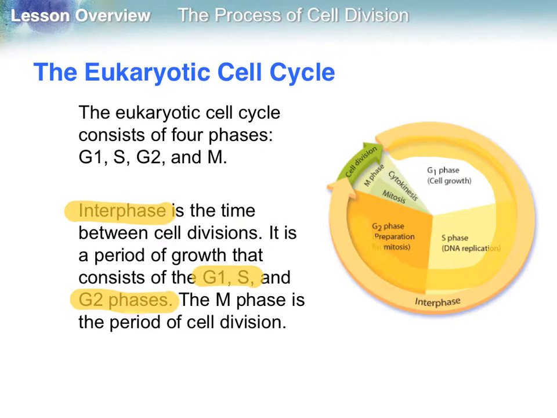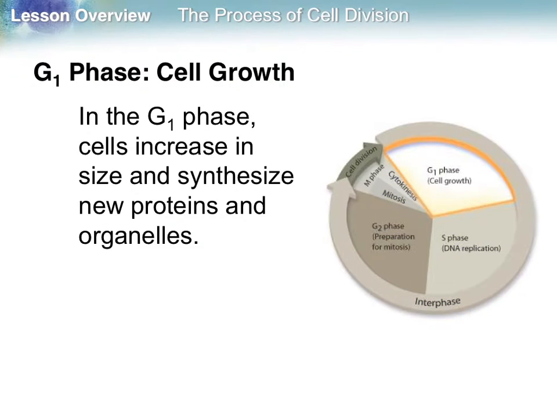This part is the interphase portion of the cell cycle. And then the M phase is the part where we actually divide the cell, called the cell division phase.